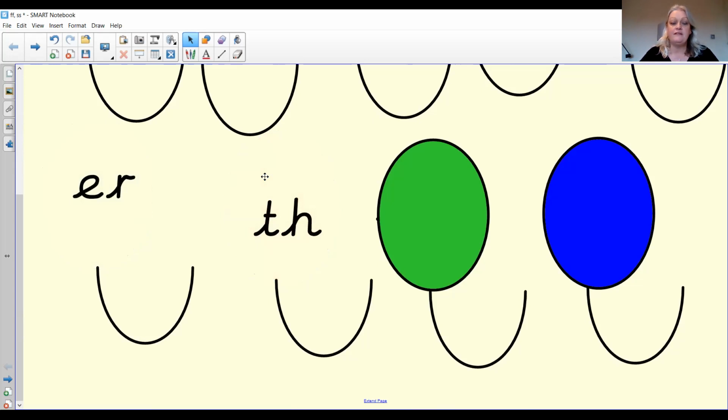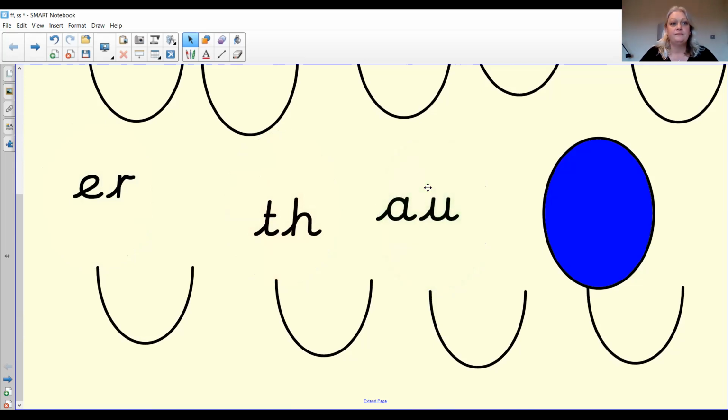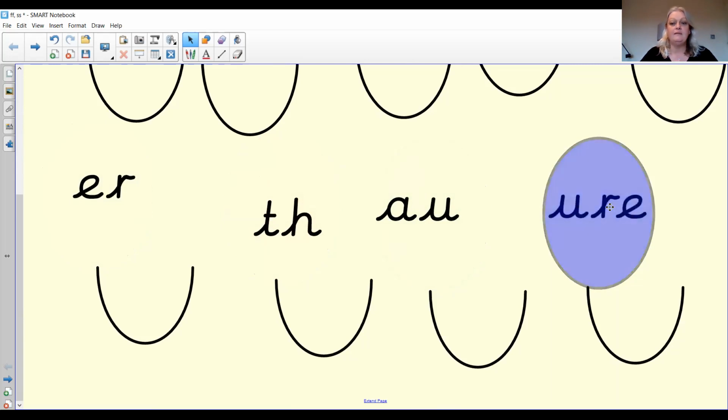Don't confuse it with the sound. It's a thumb. Or, our last one today, it's our tricky one, isn't it? Lots forget this one. It's our your.